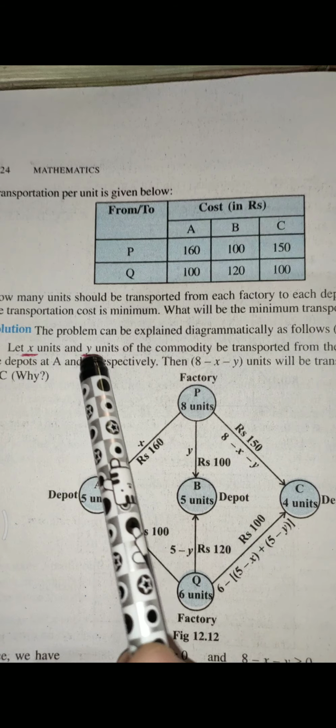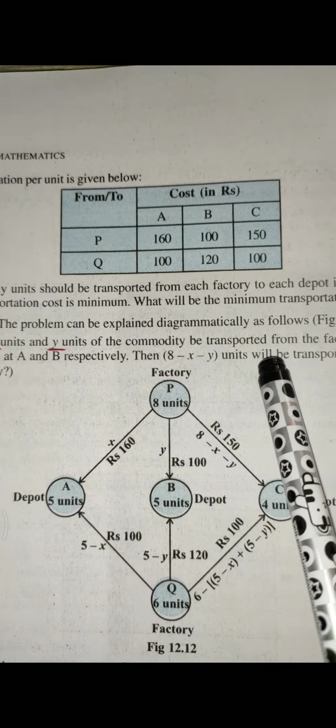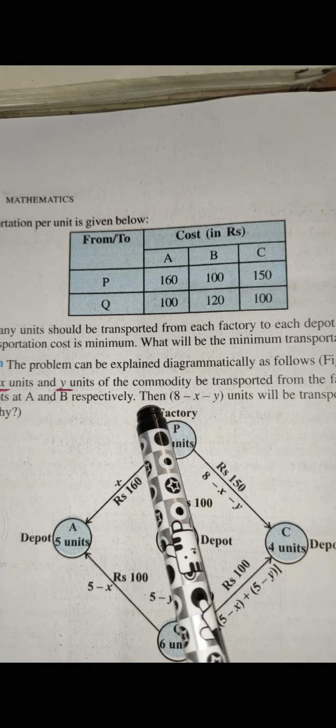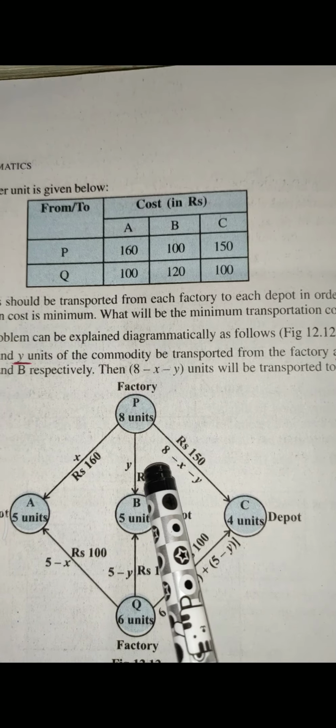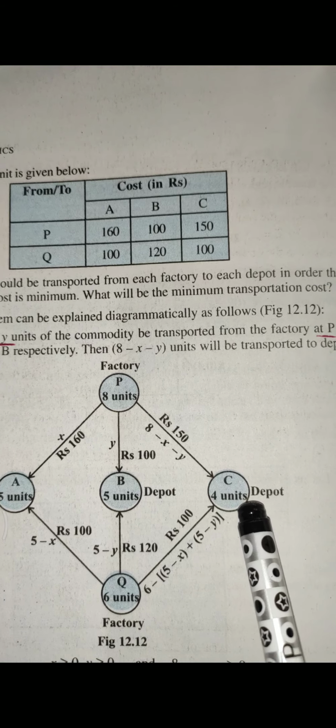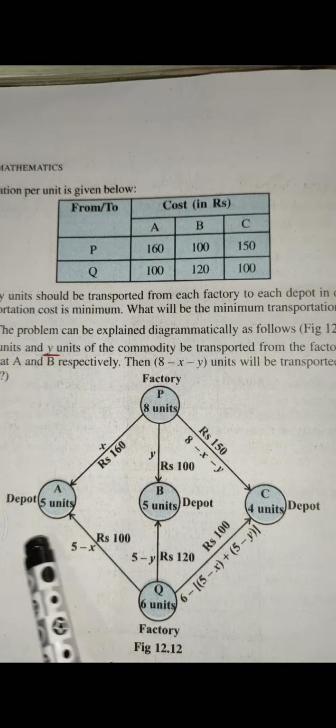Let X units and Y units of the commodity be transported from the factory at P to the depots A and B respectively. Then, with this ray diagram you can see, 8 minus X minus Y units will be supplied to C. Now the total requirement of A is what? 5 units.